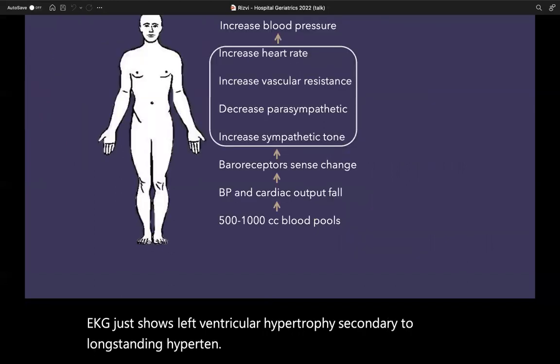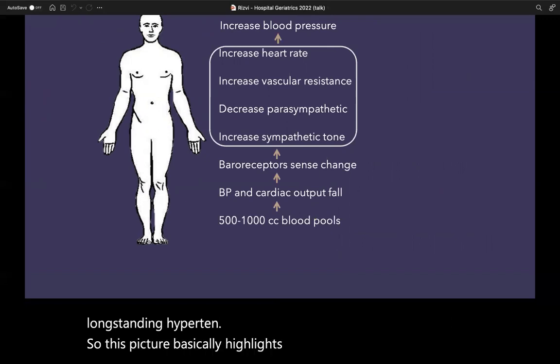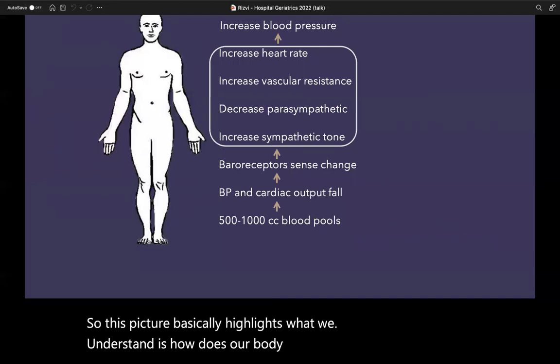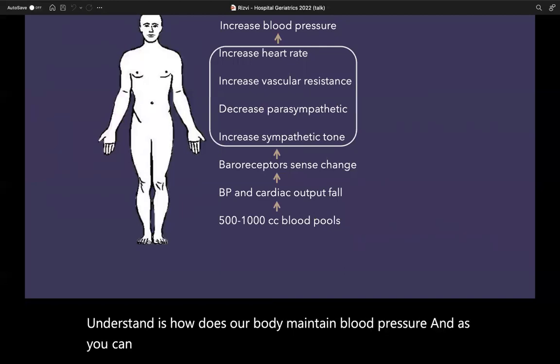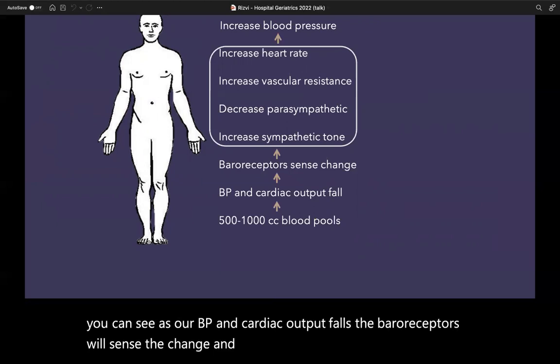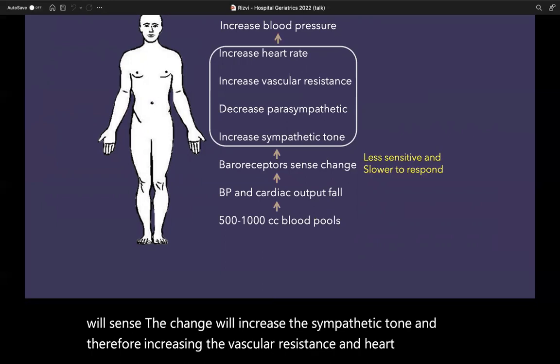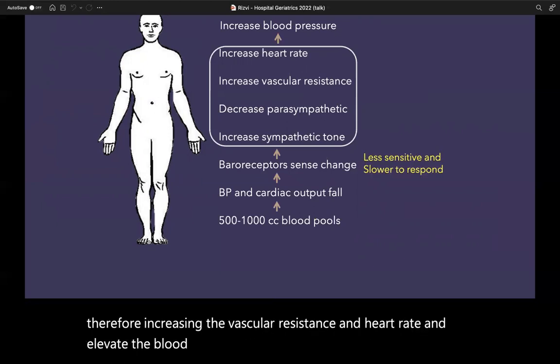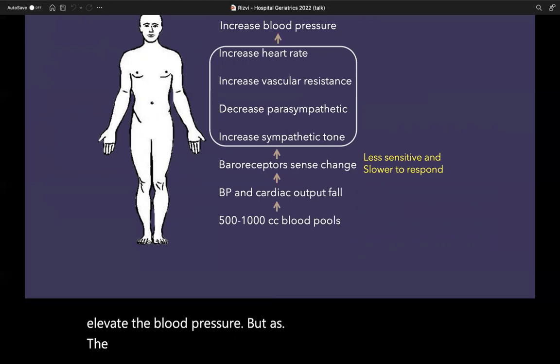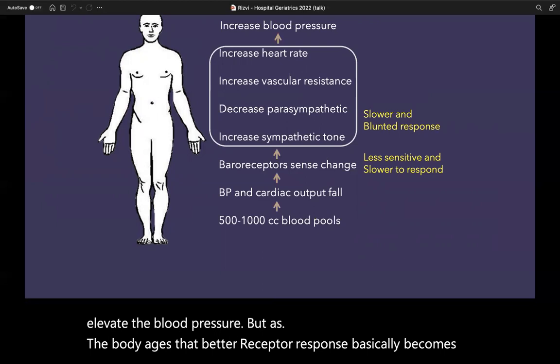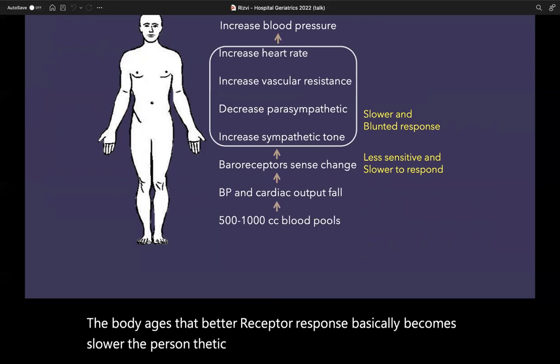So this picture basically highlights how our body maintains blood pressure. As our BP and cardiac output fall, the baroreceptors sense the change and increase the sympathetic tone, therefore increasing the vascular resistance and heart rate and elevating the blood pressure. But as the body ages, that baroreceptor response becomes slower. The parasympathetic tone and the increased sympathetic tone become slower and blunted.